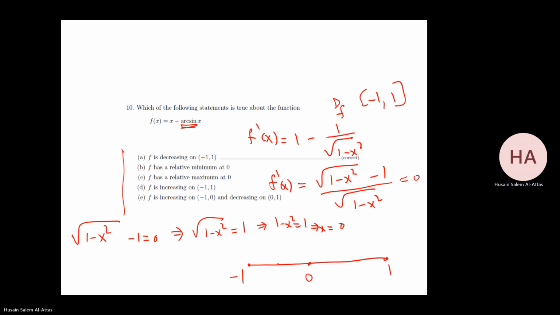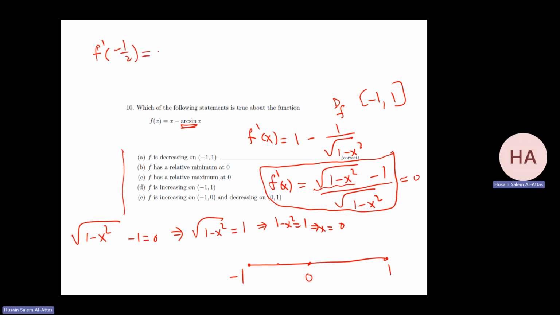Between minus 1 and 0, take minus half. f prime at minus half will be square root of 1 minus 1/4 minus 1 over square root of 1 minus 1/4.